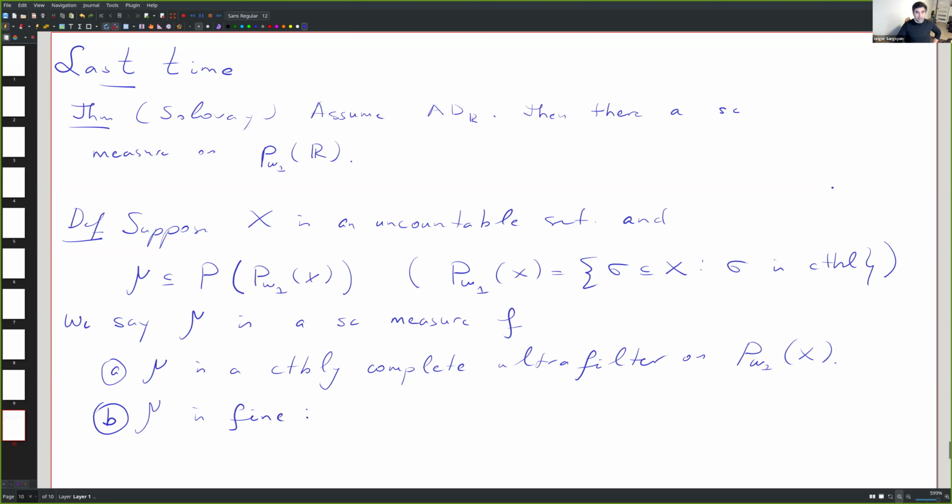What that meant is that for any A in X, the set of sigma in P omega 1 of X such that A belongs to sigma, this has measure 1.